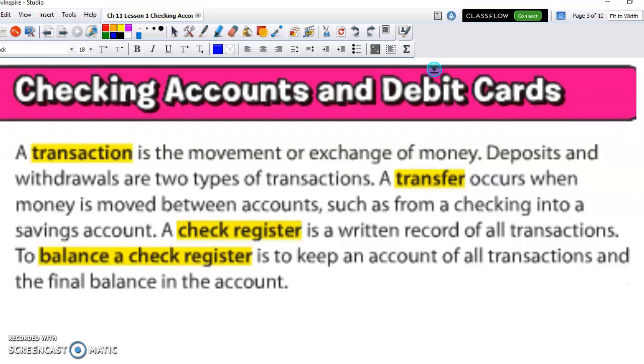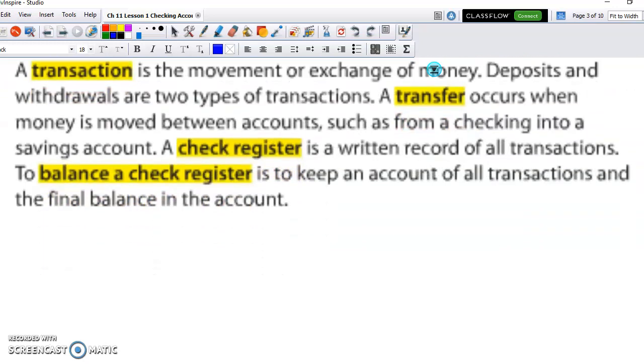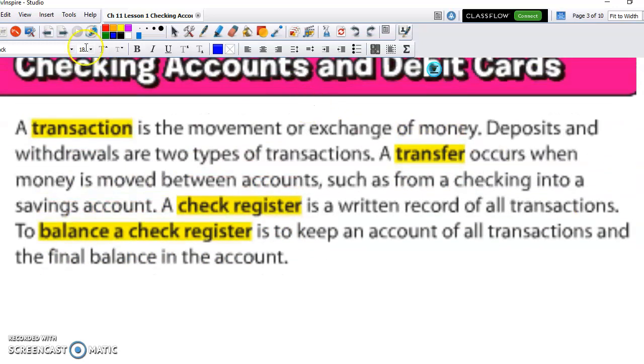Your grandparents might still use a check register when they go to the store. A few of your parents do, but most people now use the check register online for their bank. Talk to your parents and ask them how they do their check register.